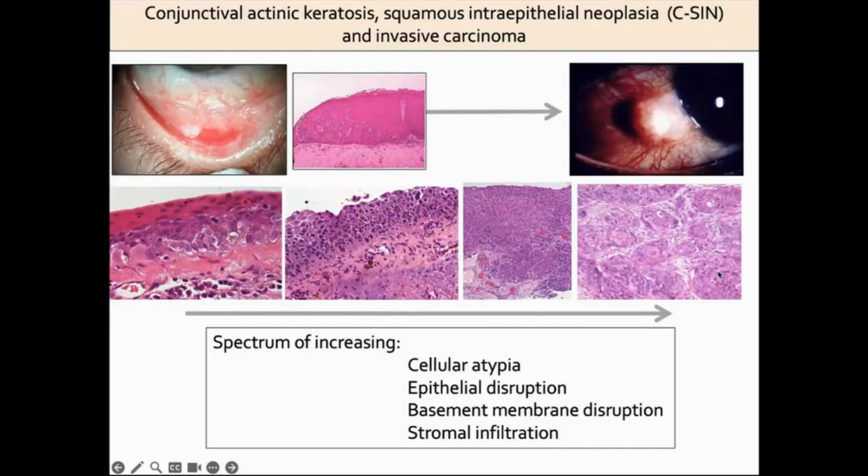So this is what the clinicians would subsume under the term OSSN, but really I think when we receive the samples we should be more specific and give the term conjunctival squamous intraepithelial neoplasia, and then give the grade of the degree of dysplasia, whether it's mild, moderate or severe.